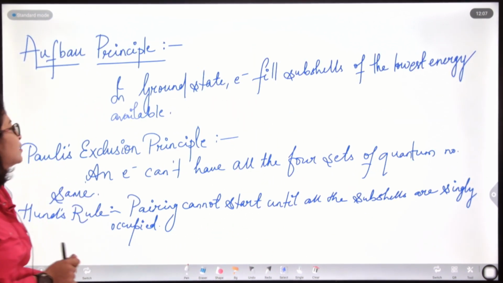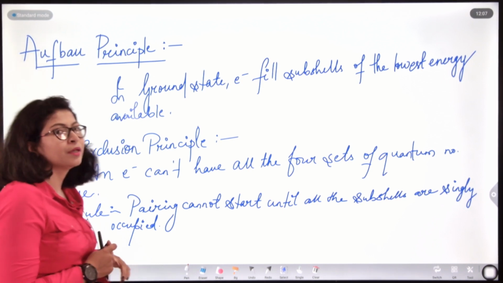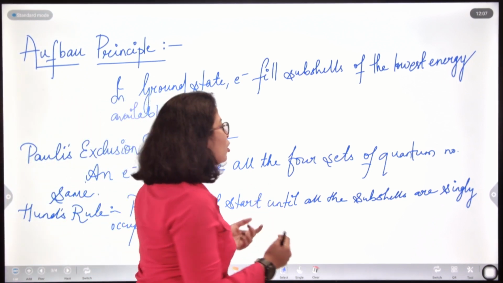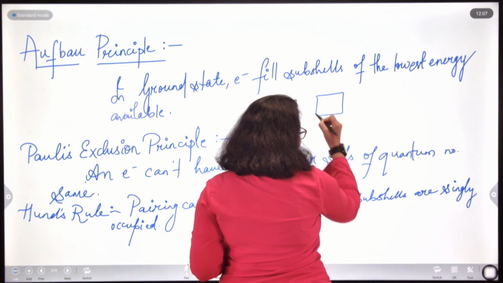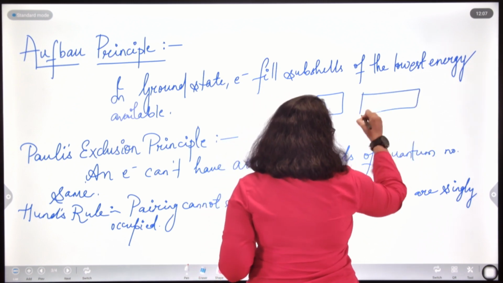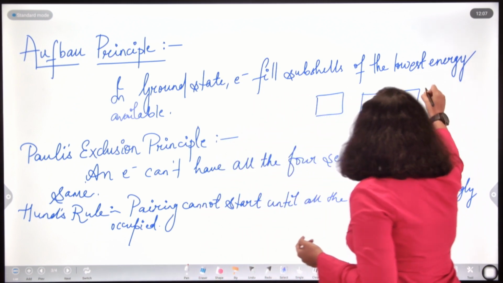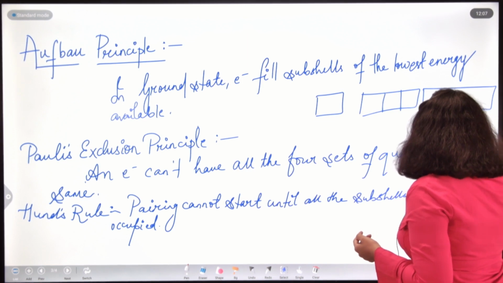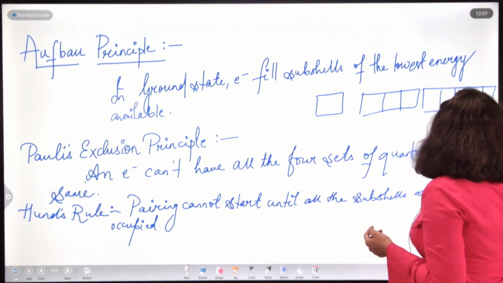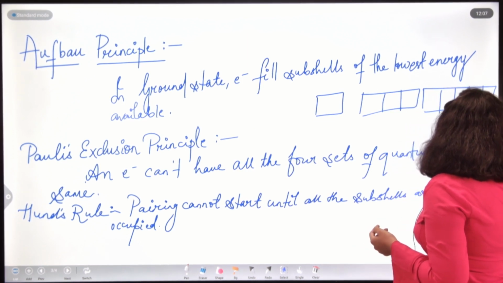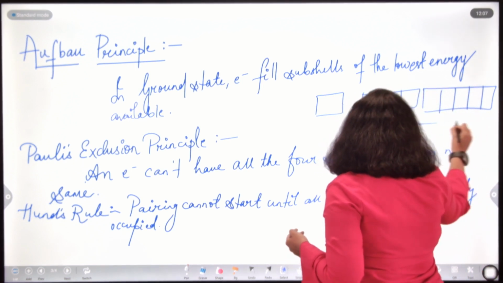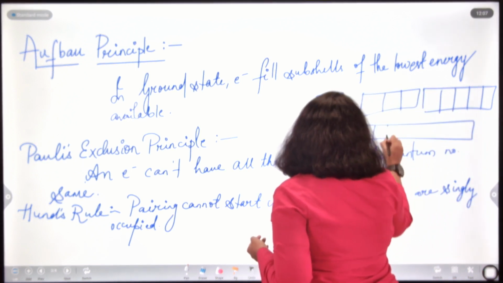The first is Aufbau principle. So, what we found out is that in an s subshell we have 1 orbital, for p we had 3 orbitals, for d we had 5 orbitals and for f we had 7 orbitals.